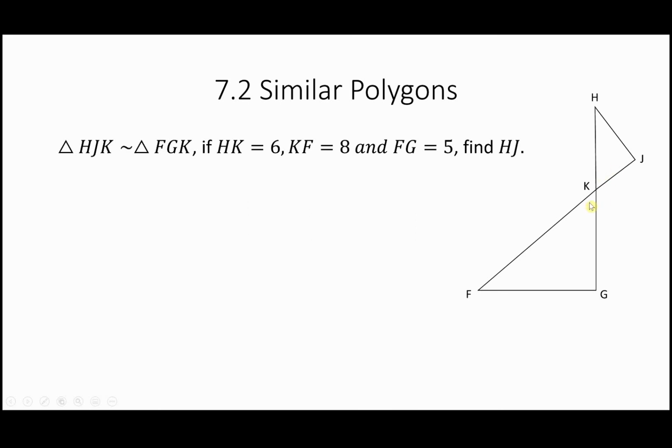Of course, but since K is the intersection of two lines and technically four angles are being formed, you really have to use the three-letter name of the interior angle for the triangle to make it super clear which angle you're referring to. So we would say angle HKJ is congruent to angle GKF.